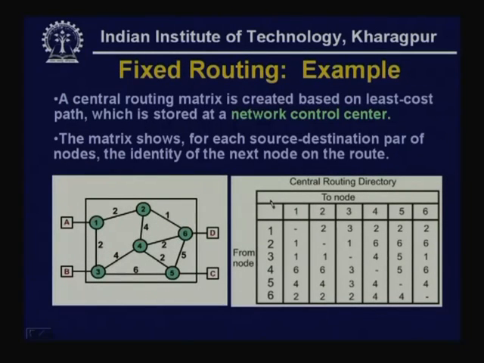Here, as you can see, a central routing matrix is created based on least cost path, which is stored at a network control center.